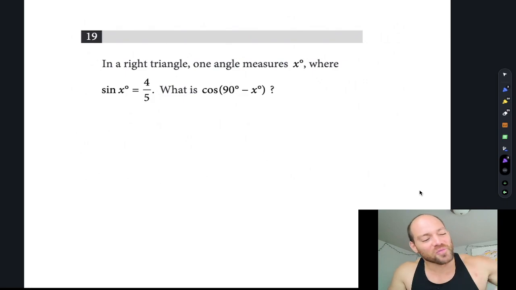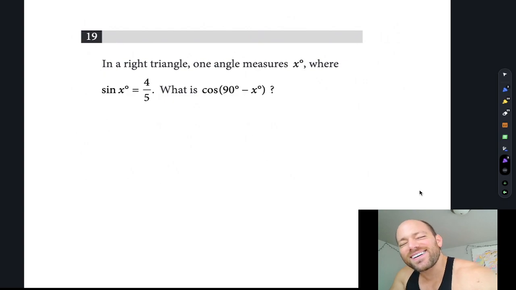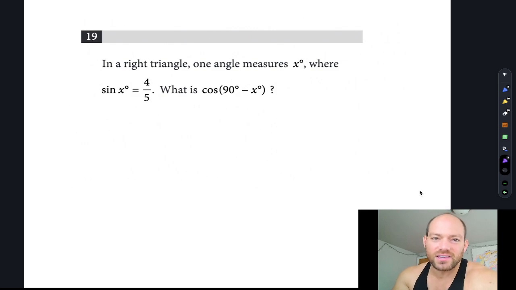So what that ends up meaning for us is if you're ever on a question that is about sine and cosine, but it seems to be a little beyond the basics, like SOHCAHTOA is not cutting it, or the unit circle is not enough to answer the question, what I highly encourage you to do is assume that it's testing this rule, that sine x equals cosine of 90 minus x.